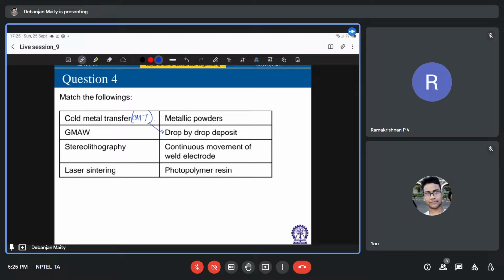So in gas metal arc welding, you see a continuous movement of the weld electrode. So let's write it here. For cold metal transfer, you'll see drop by drop deposit. Gas metal arc welding, you'll see continuous movement of weld electrodes.